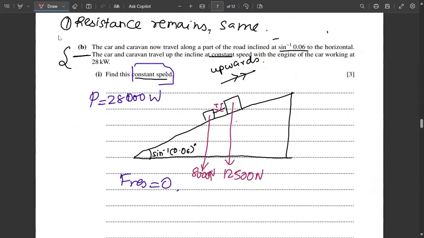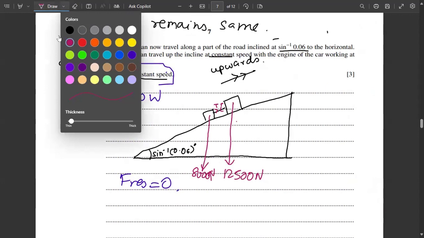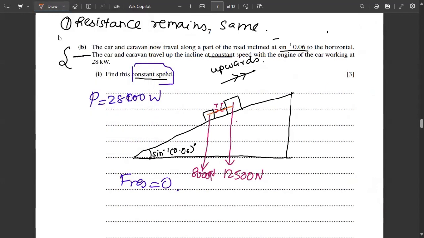And now the force due to the weight will be 12500 sine inverse of 0.06. Now what happened here? We know the component of weight is mg sine theta. What is m? 1250 for the car.